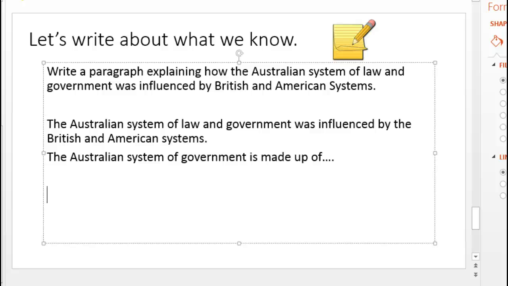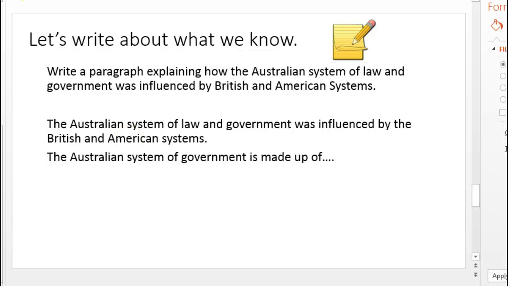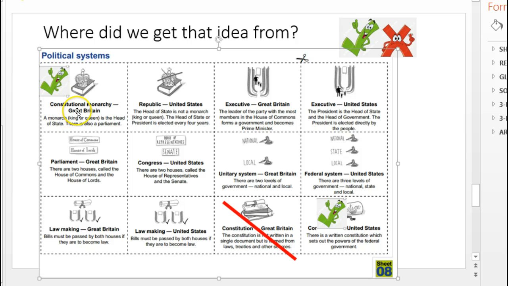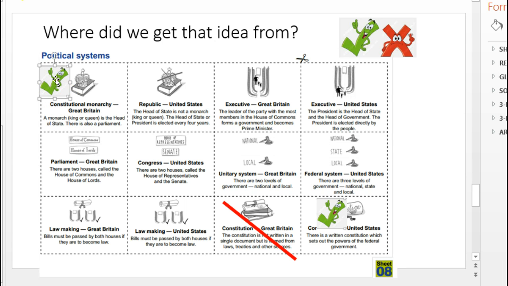Your next part is we'll be talking about how the British system influenced us. Now to do that, go back to sheet 8 and look at where the green ticks are, and are there any there that have Great Britain written on it? Okay, you can see Great Britain there. And if any have Great Britain and a tick, that's the information you need to write your next part.